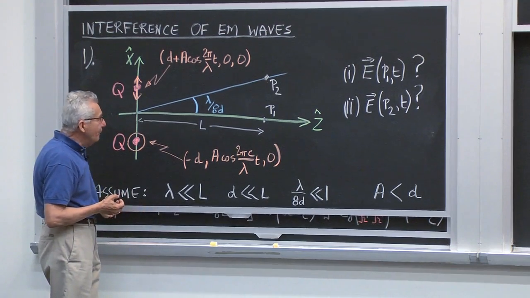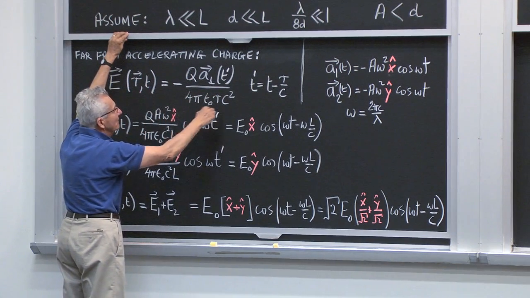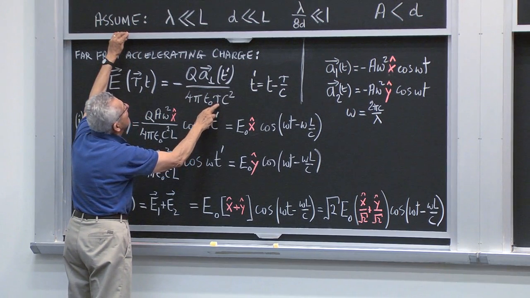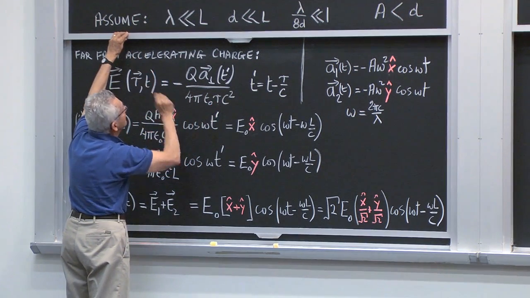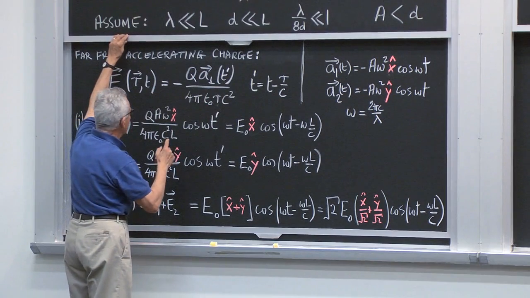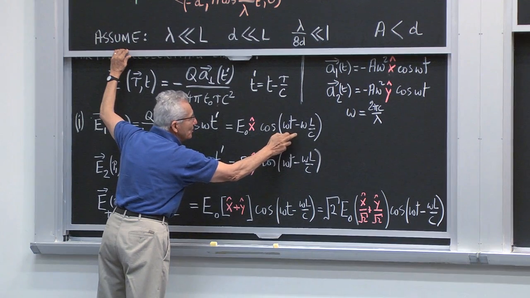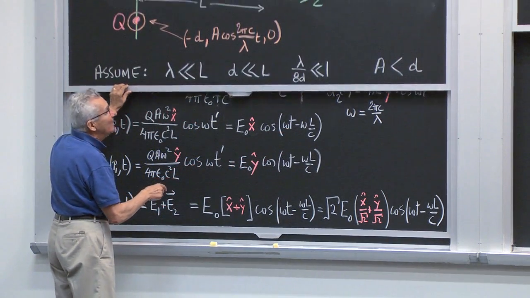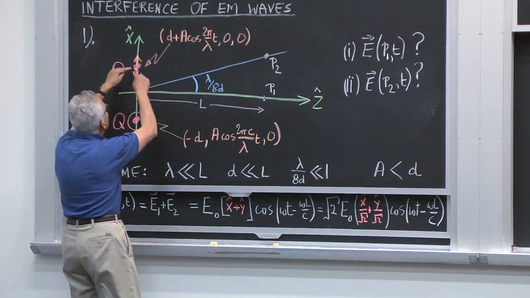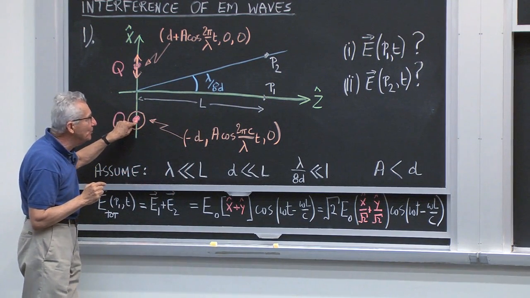So in this formula, when I'm calculating the electric field, this R, it doesn't matter whether I call this L or L plus a little bit or less. This doesn't change very much. But in calculating the phase of the radiation, I cannot ignore that. In the previous case, the phase was the same because this distance and that distance are exactly the same by symmetry.